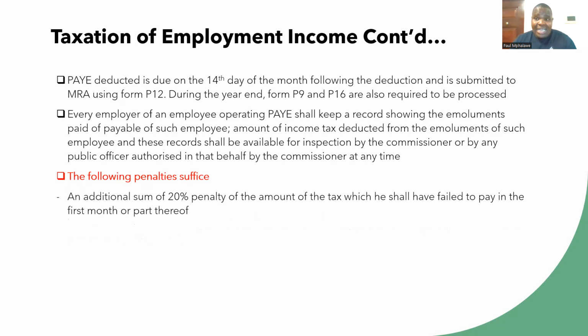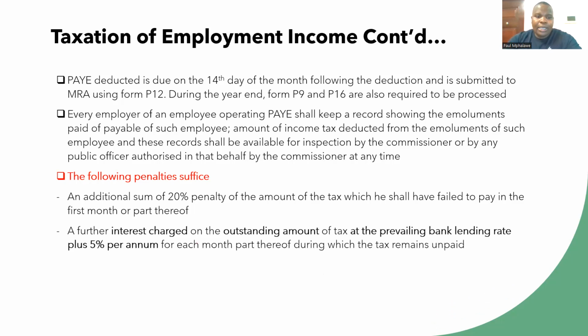Penalties are imposed on people who are doing chika, who are running away from paying taxes. So an additional sum of 20% penalty of the amount of tax which he shall have failed to pay in the first month or part thereof. You fail to pay, the taxman will come and hammer you 20%. You have to pay the tax, and on top of that, you pay 20%. Okay?